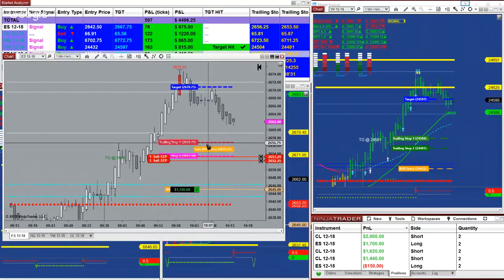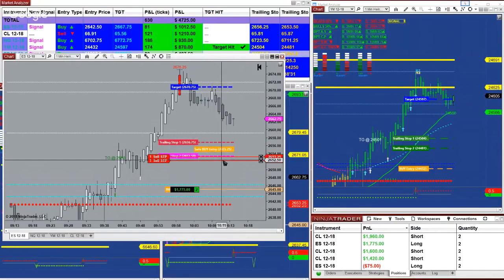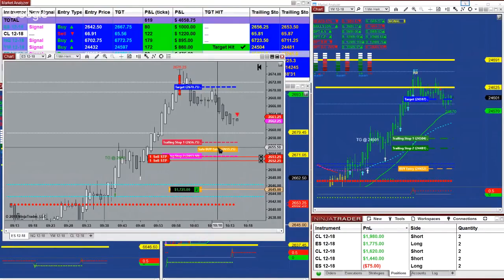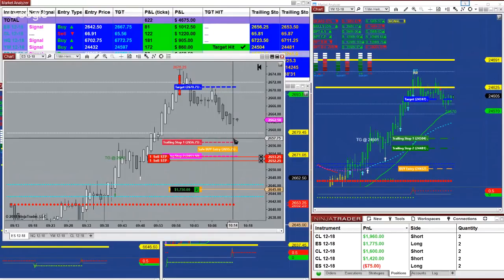Once the ES breaks a critical area, those are the critical areas. Once the ES breaks all those walls here, then we are confirming this is a short trade. As long as this ES is not penetrating those areas here, this is your defense system. This is where you lean on when we want to take a long.